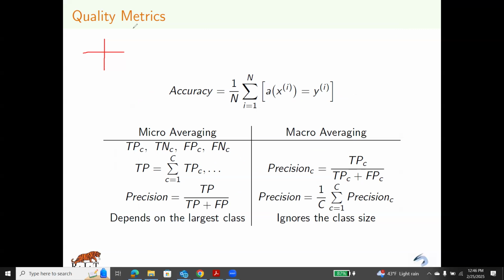For example, we have class C equals 1. And we will call a point true positive if it was classified as class 1 and the true label was class 1. And we denote this by true positive with index 1, for example.